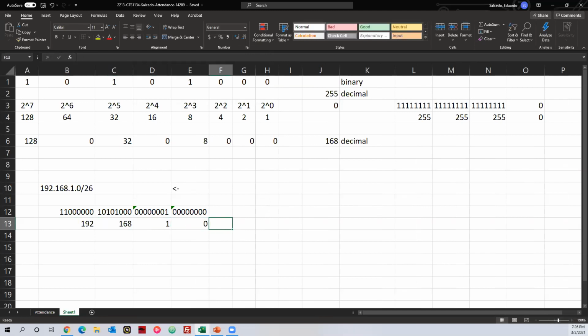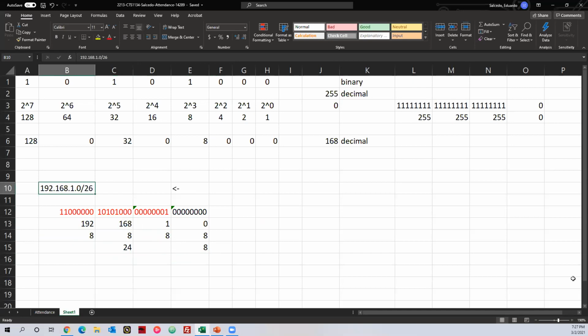This is the network portion of my class C IPv4 address. But what does the /28 say? There's 8 bits here, 8 bits here, 8 bits here, 8 bits here. If we add these together, that gives me 24 and 8. 24 bits make up the network section and 8 make up the host section.